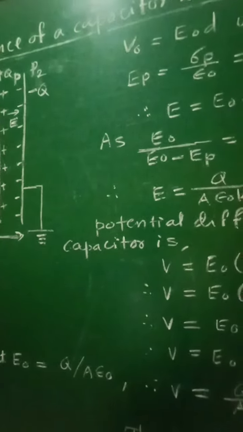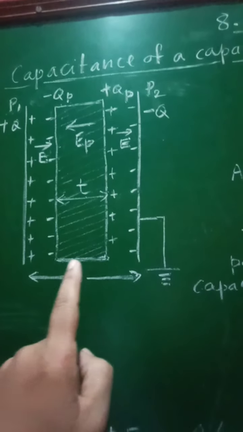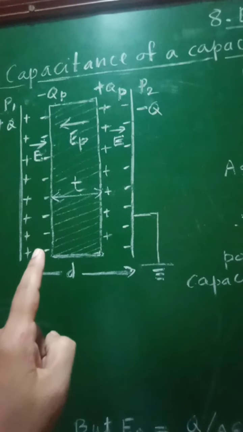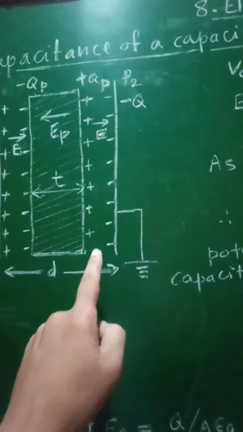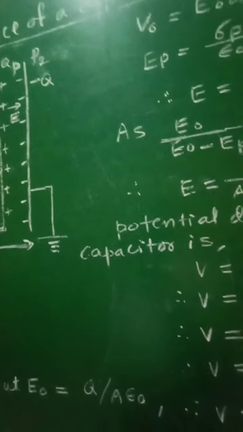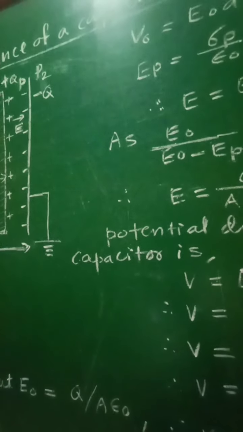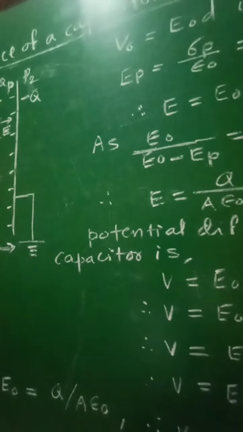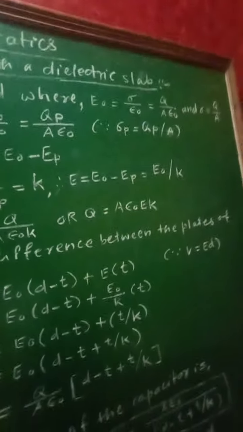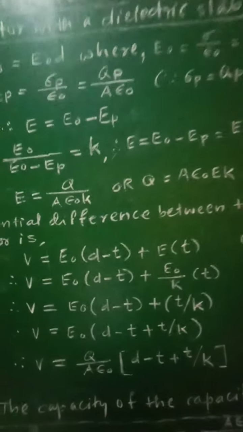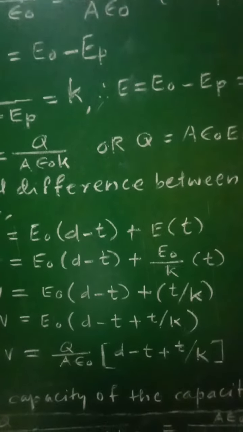That is, E will exist for a distance t, and in the remaining part of that d, that is d minus t, the electric field E0 will be present, and therefore the potential difference between the plates of the capacitor is given as V equals E0 into d minus t plus E into t.